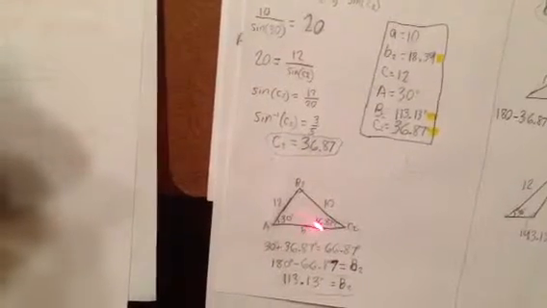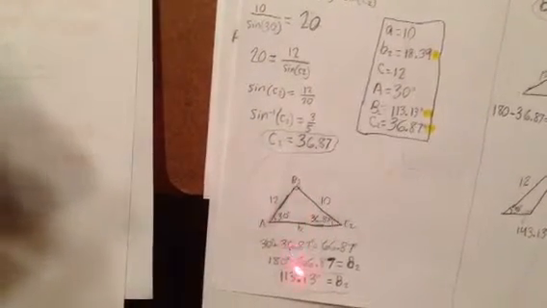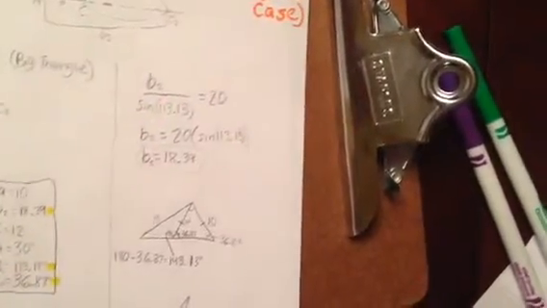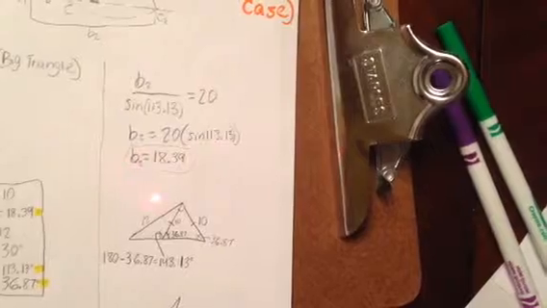Next I have to find my B value. I'm going to take the C, plug it into the formula, and subtract all those from 180 to find my missing angle there. After that, I can plug that into the law of sines and find what the actual B length is over there.